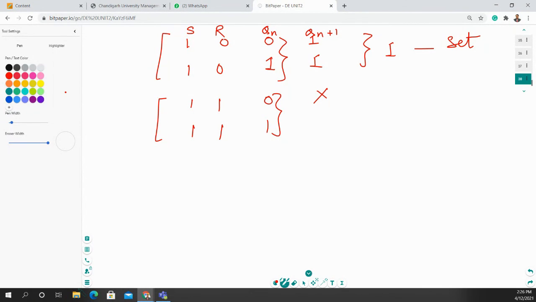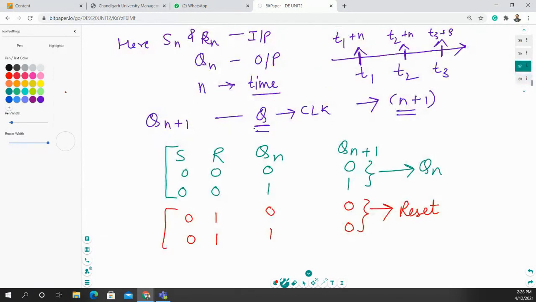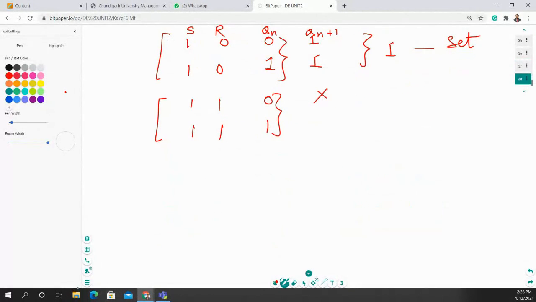So we are using two possible combinations for this Qn. If you take these two possible combinations, what is the output at the next level? You have to find out using this circuit. Right here it will not give you the proper output, so we call it an invalid state.